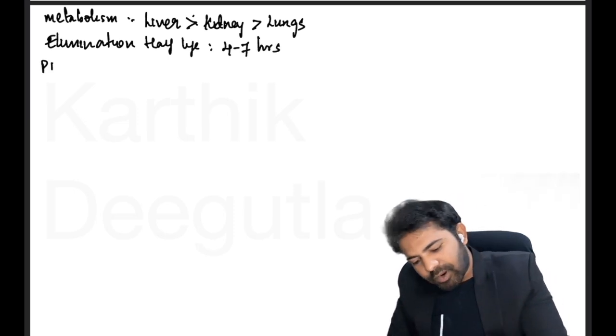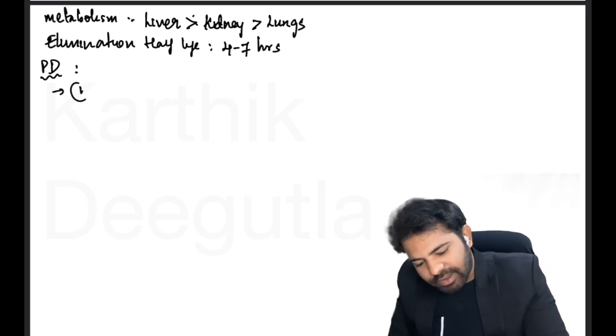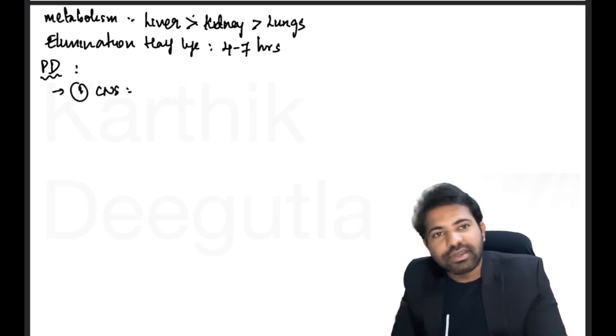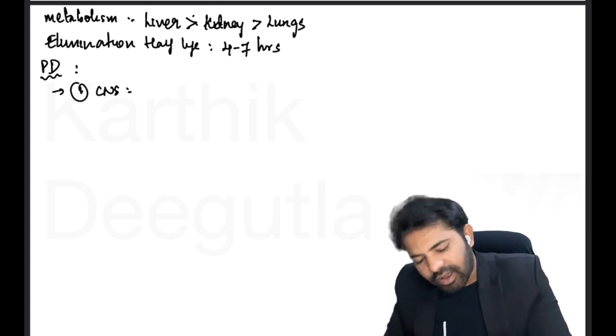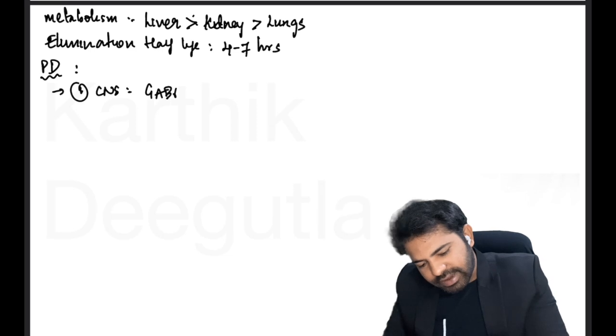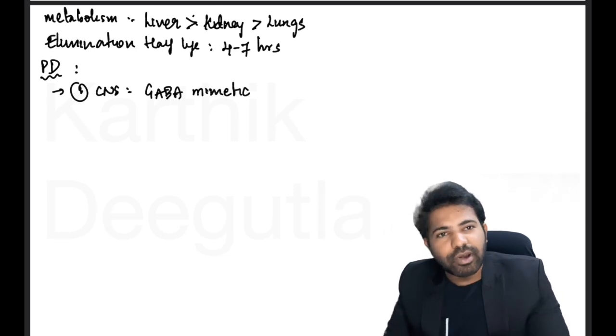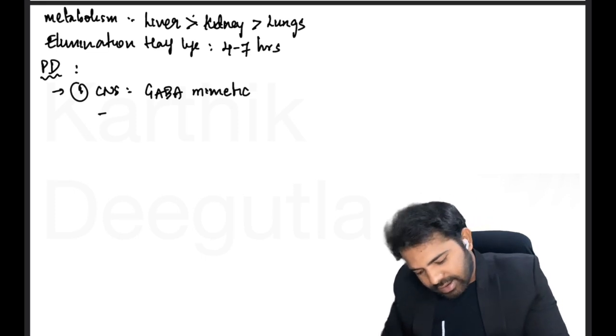Clear? Then let's move on to the pharmacodynamics. So in pharmacodynamics, let's deal with CNS first. In CNS, we already know that it has a GABA mimetic action, which is causing the hypnotic effect of propofol. Clear?